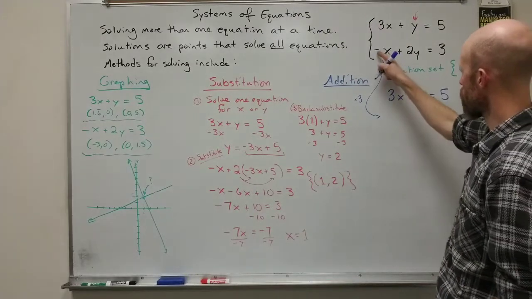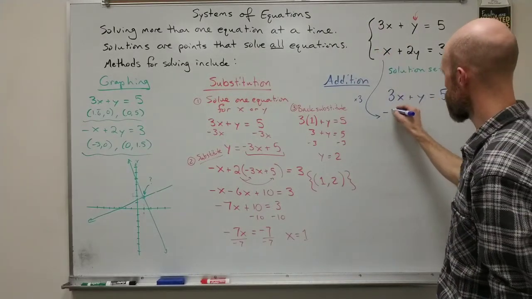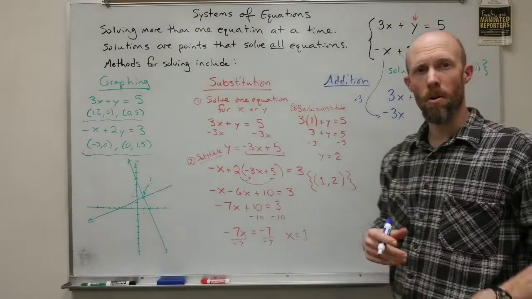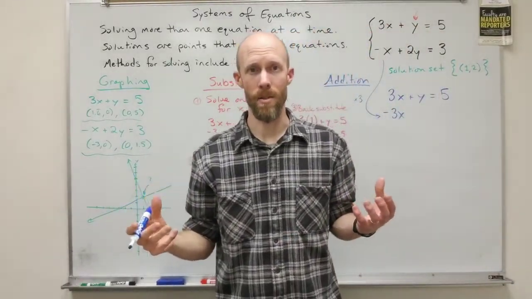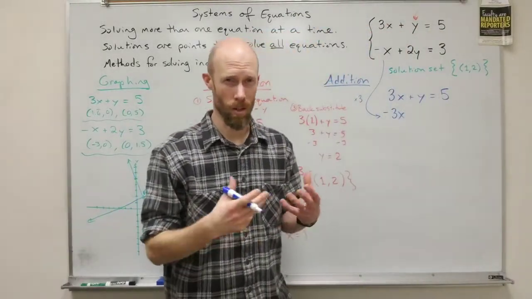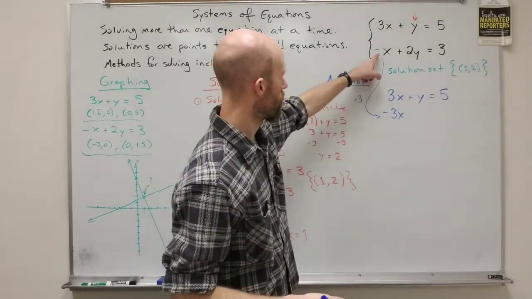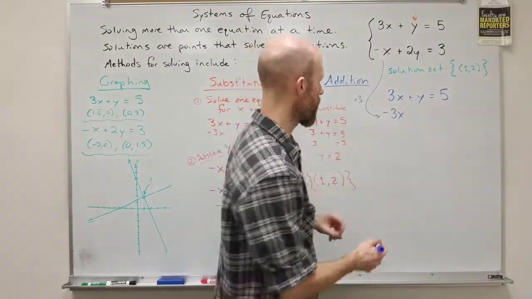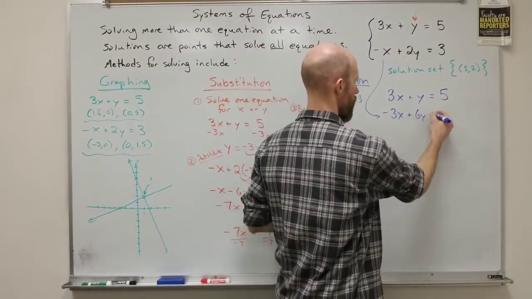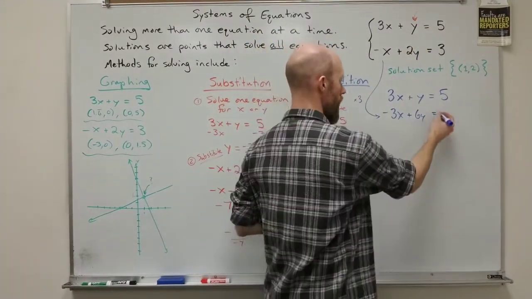In doing that, I'm going to change the -1 to a -3. And you can multiply both sides of an equation by a constant. It's not going to change anything. It's not going to change the solutions to that equation. So multiply by 3 here, multiply by 3 here, that gives me 6y. Multiply by 3 here gives me 9.